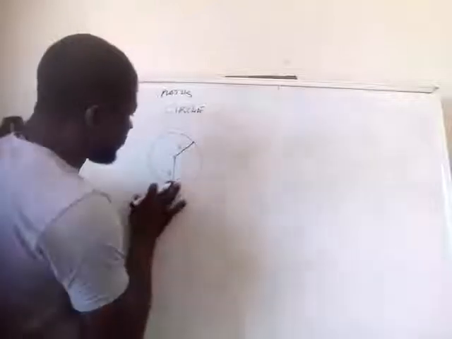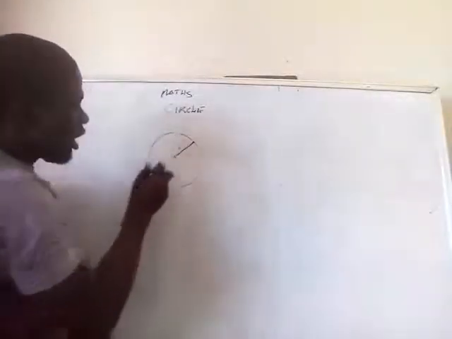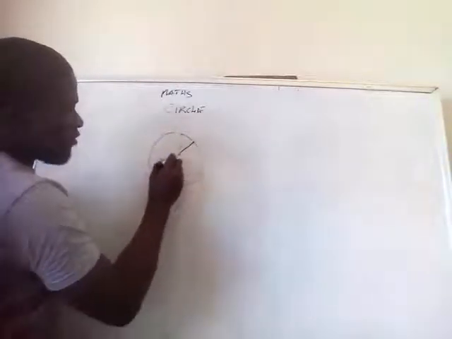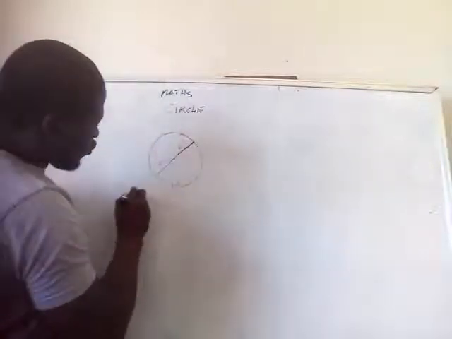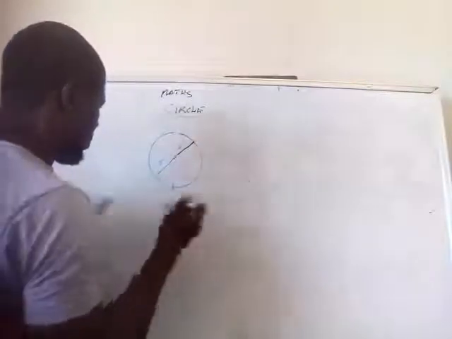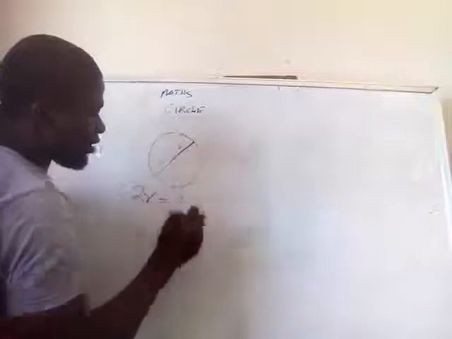Let's say this is radius. If you join this one from this point to this point, you have made a diameter. This is also R. So 2R is equal to the diameter.